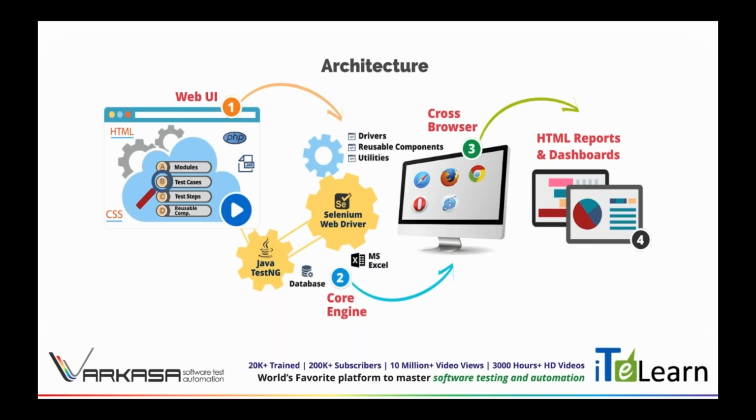Using this export file, the reusable components, the test cases, and the test data needed for our automation test scripts, we can then do cross-browser testing and execute these test steps.